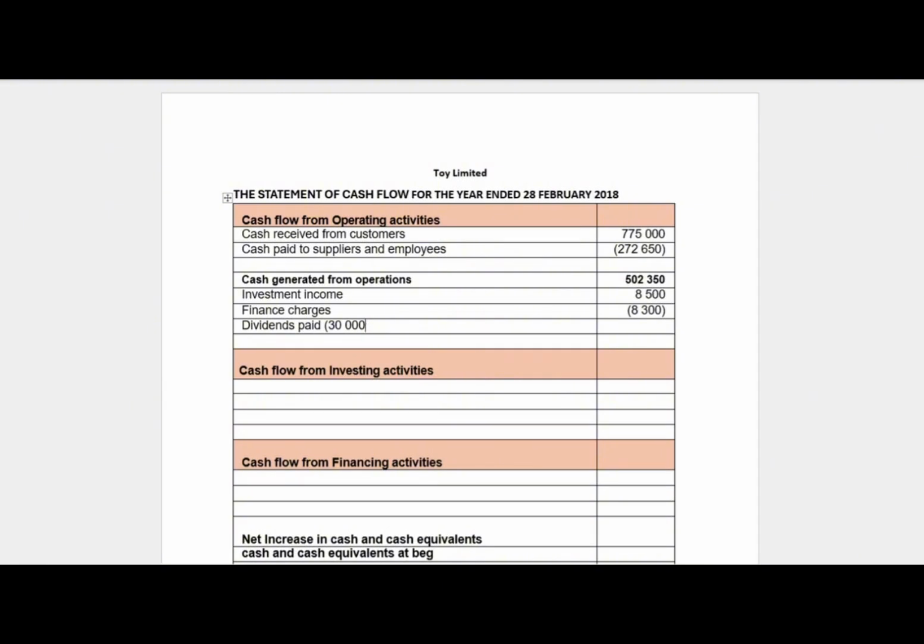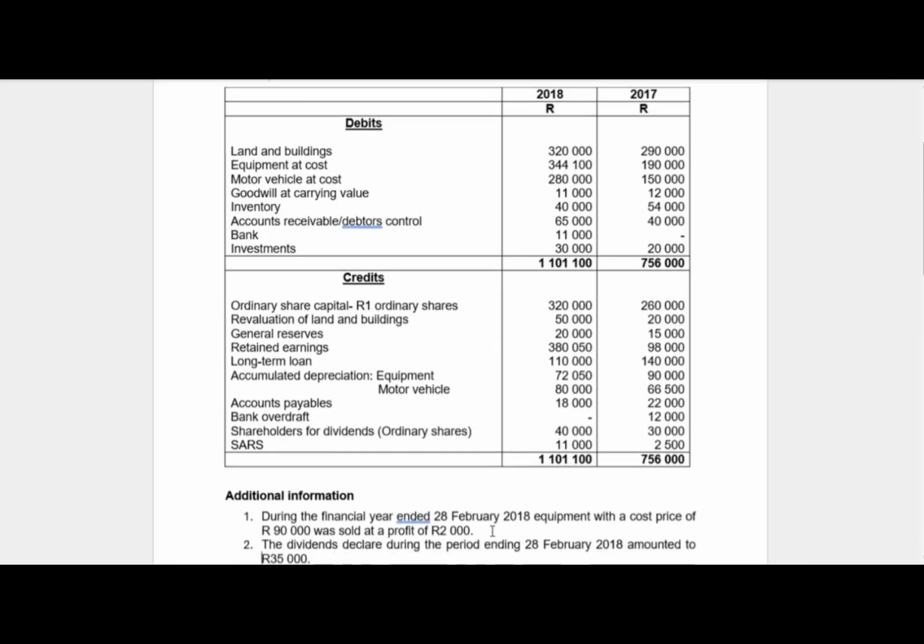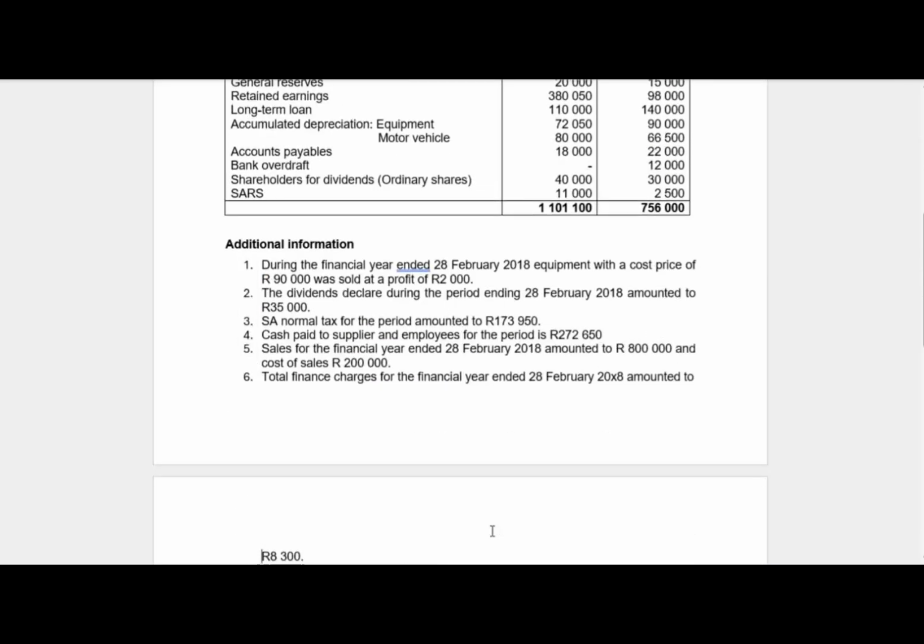plus dividends declared. Dividends declared, I saw it in the additional information right there. Let's go there. Additional information number 2. They say the dividends declared during the period ending 28 February 2018 amounted to 35,000.